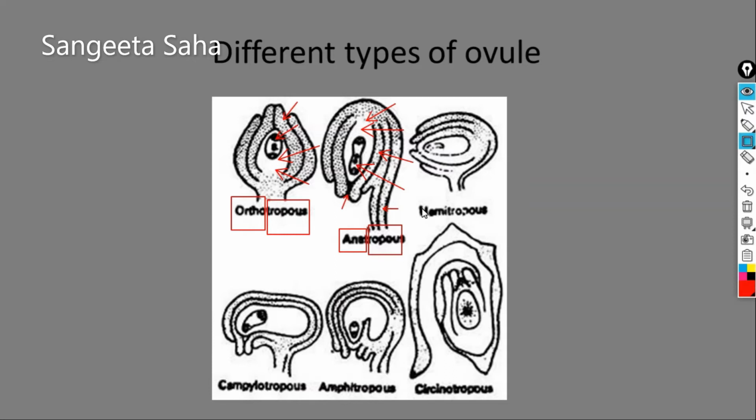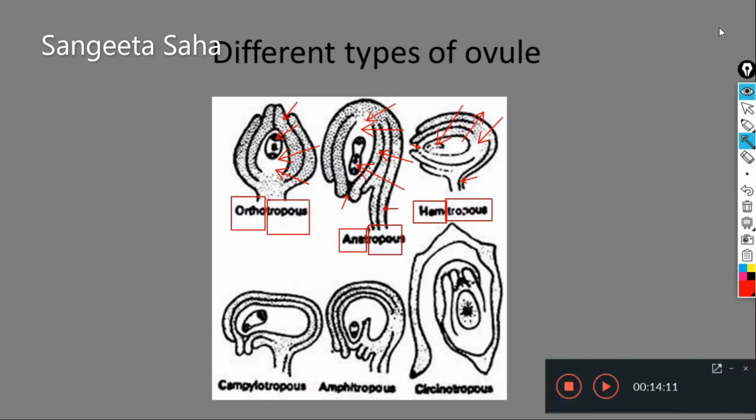Next type of ovule is the hemitropous. Hemi means half and tropous means turned. If we see the structure here in hemitropous, this one is the chalaza, this one is the nucellus, this one is the embryo sac, this part is the micropyle, and this part is the funicle.